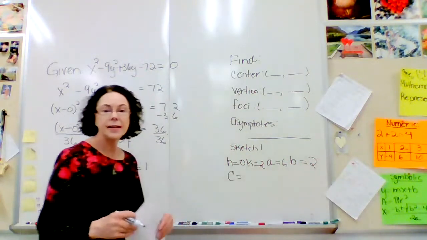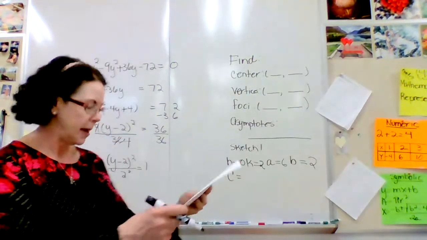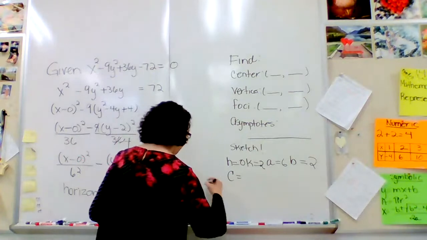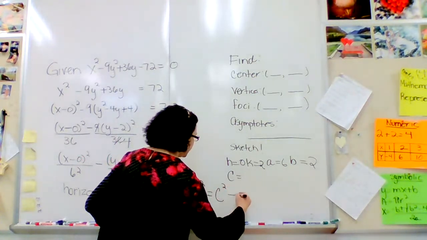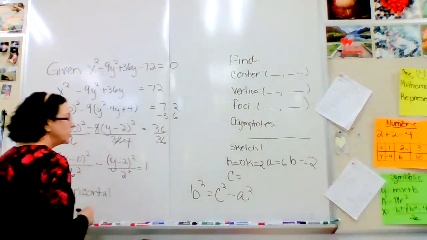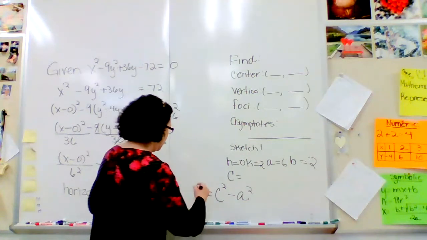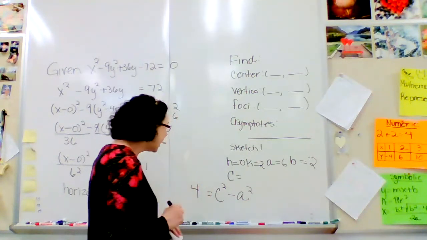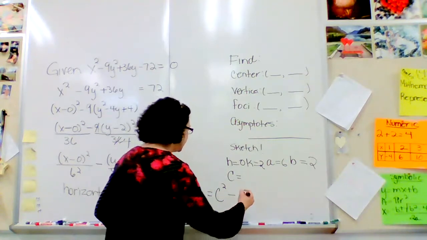To find my c, I have a formula I'm going to use at the bottom of my paper. That is b squared equals c squared minus a squared. Now I am going to fill in: my b squared is 4, my a squared is 36.